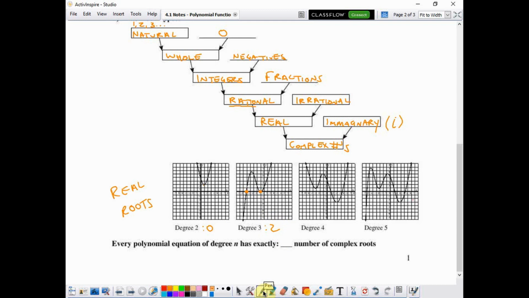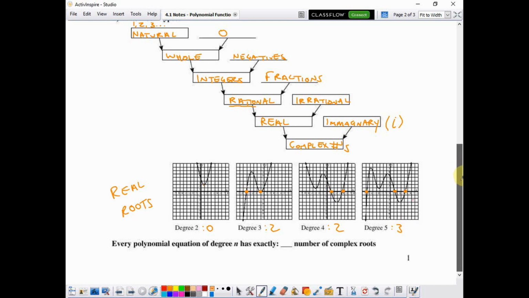This is the case where those graphs above are shifted so that it's not touching the x-axis the maximum number of times. Here's a degree of 4. The maximum number of real roots is 4, but it's shifted so that it only actually touches the x-axis 2 times. This one with a degree of 5 could have up to 5 intersections with the x-axis, but it doesn't. It has 3.